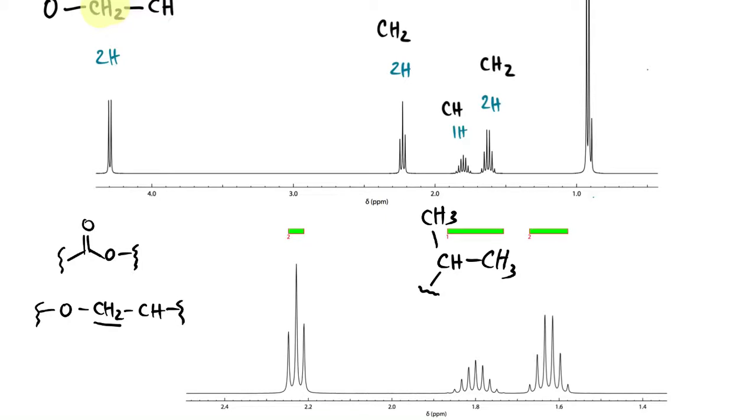Let's look at the other CH2s that we have. The one at 2.2 ppm, again, a CH2 that has how many neighbors? 2. So we're looking at this guy, and it has 2 neighbors.